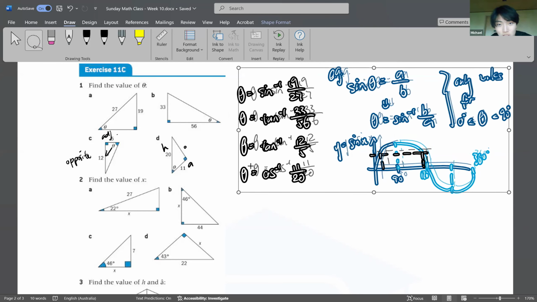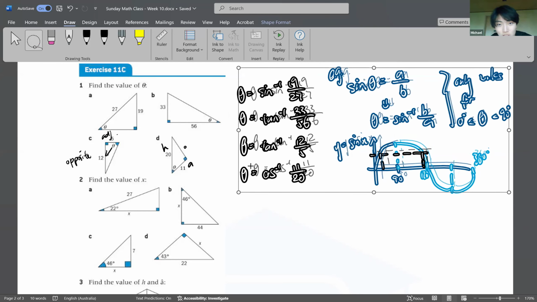Give me 1 second. All right, what was it? 27 times cos 22. So cos 22 degrees equals adjacent over 27. I'm just going to skip the step where we label adjacent and opposite, because it should be second nature by now. You should know at one look. So x equals 27 times cos 22 looks right.